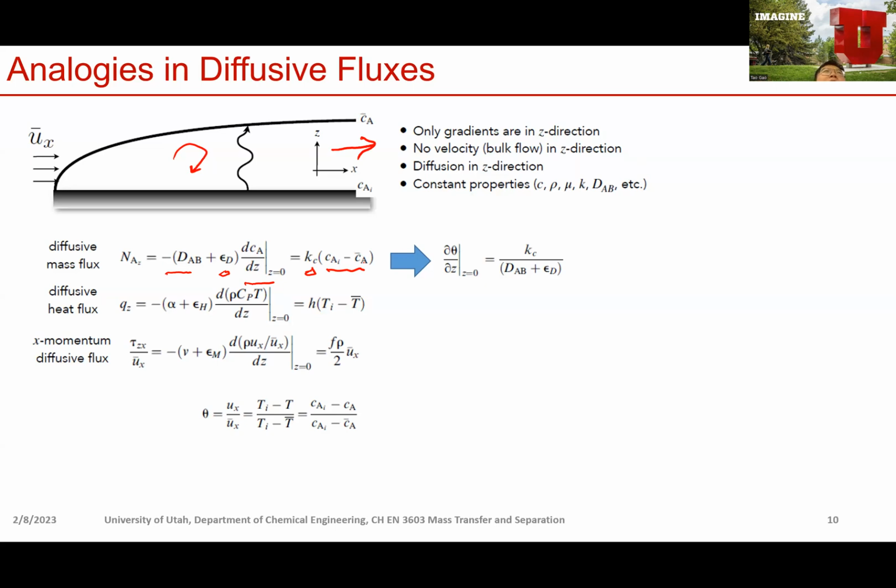In the last lecture, we talked about how we find mass transfer coefficients for a stagnant film and for a laminar flow. In this case, we have a turbulent flow. In order to find the diffusivity, we have to look at the analogies between the diffusive mass flux, heat flux, and momentum flux. That's what we did. When we write down the equations for mass flux, heat flux, and momentum flux, we find there are some inherent similarities among these equations.